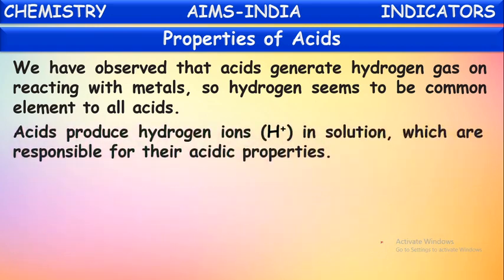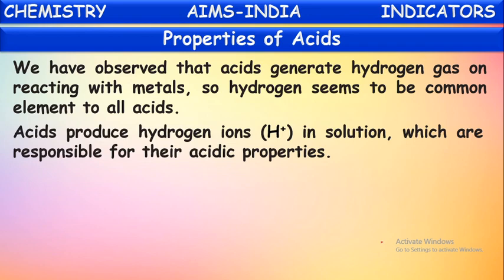Acids produce hydrogen ions in solutions, which are responsible for their acidic properties. As we said, these acids have hydrogen in common. So when acids dissolve into water, or form a solution, they liberate H plus ions, or hydrogen ions. For example, hydrogen chloride, HCl, which is an acid, has hydrogen in it.